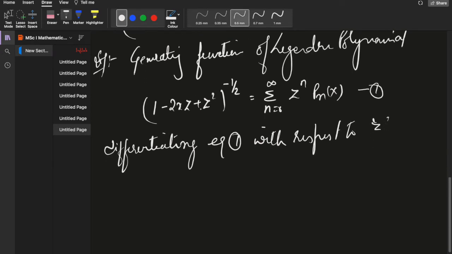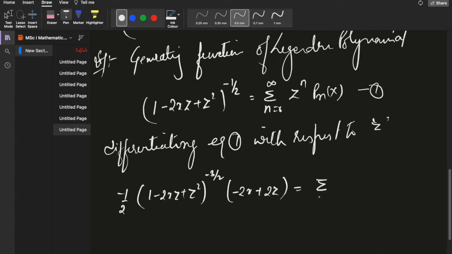For the left hand side, this will be minus half of (1 minus 2xz plus z square) to the power minus half minus 1, that is minus 3 upon 2, and for the inner side, on differentiating, the first term will give 0, this will give minus 2x plus 2z, which is equal to summation n equals 0 to infinity n z to the power n minus 1 Pn(x).